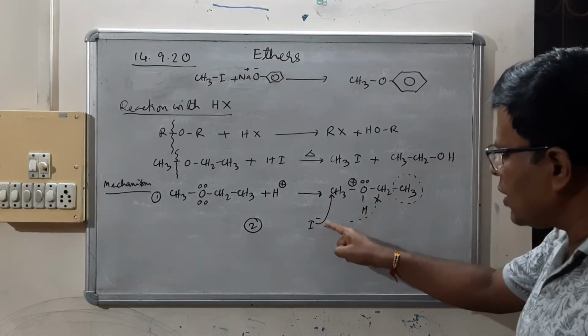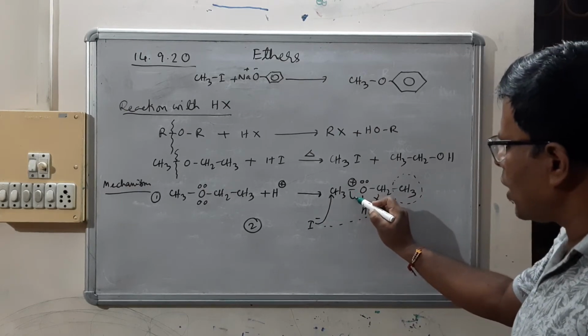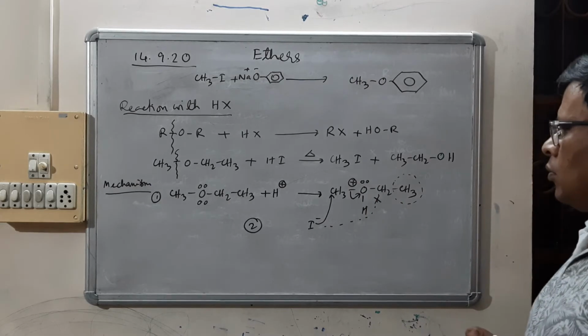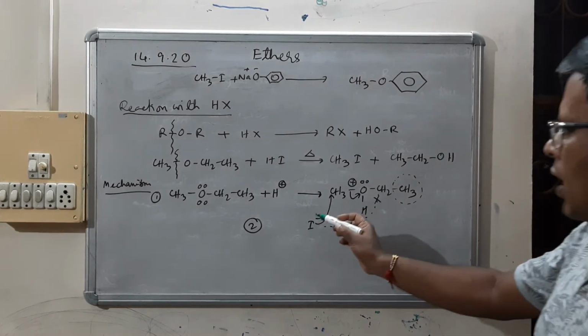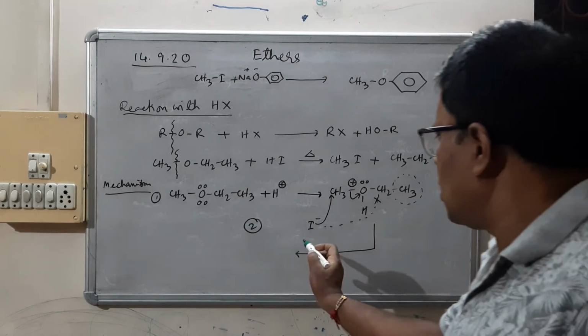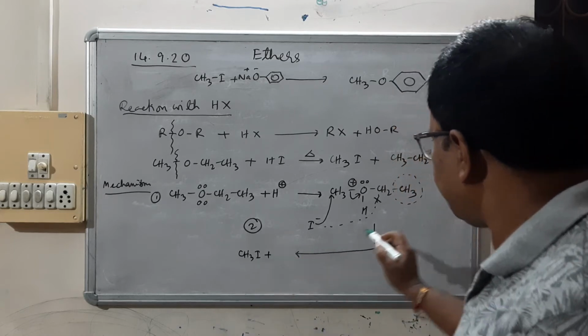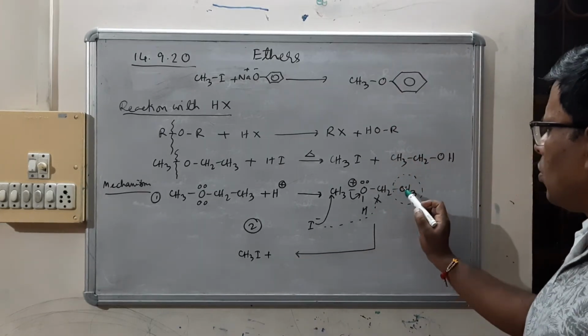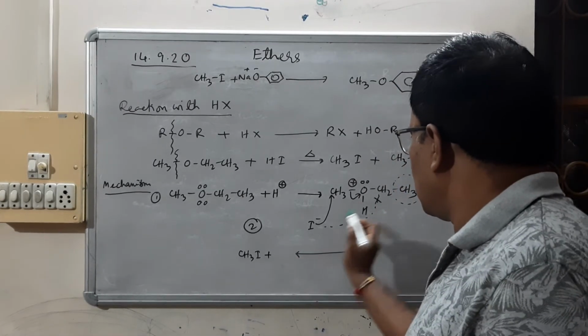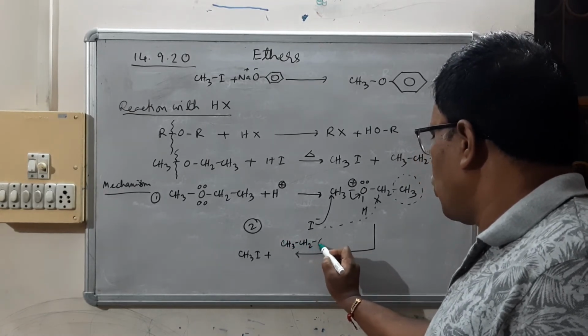So when I minus attacks here, obviously this bond will break and it will come here. So I minus is attacking at CH3, and the products formed will be CH3I plus this CH3CH2OH.